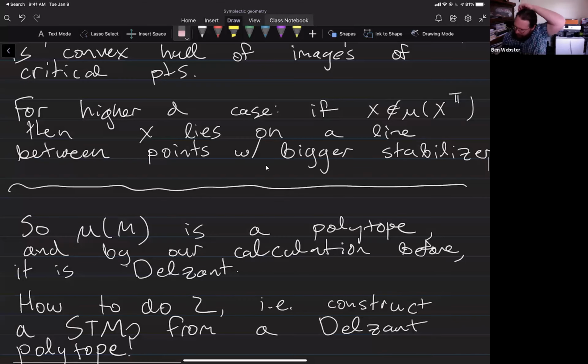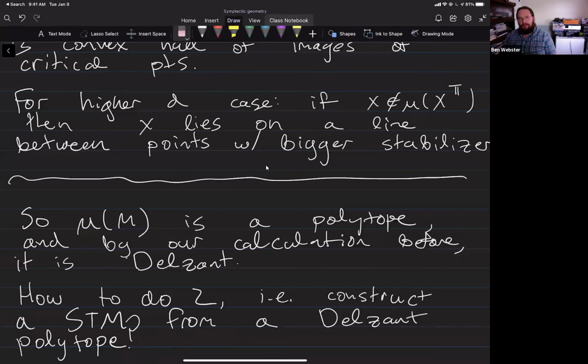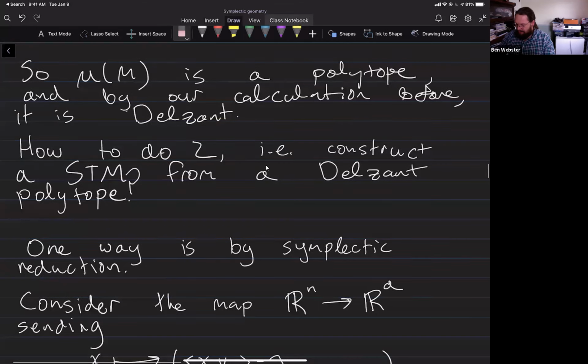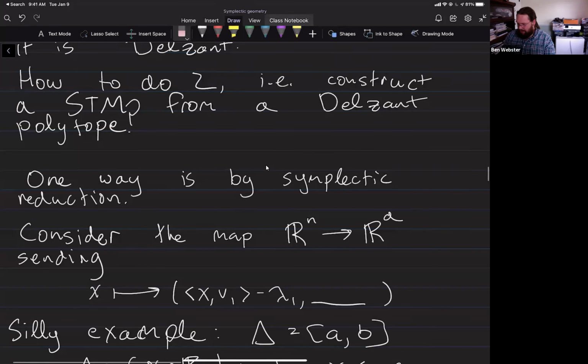So now I have to go the other direction. I have to ask, if I start with a Delzant polytope, how do I construct the corresponding symplectic toric manifold? And I think the most natural way to do this, and this is what Cannas da Silva does, is to use symplectic reduction.